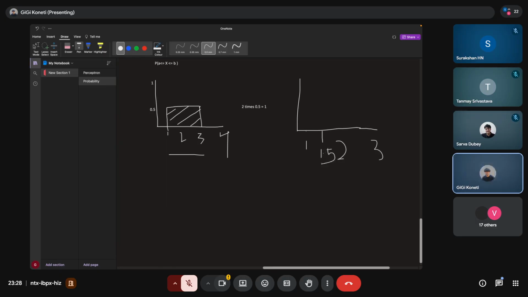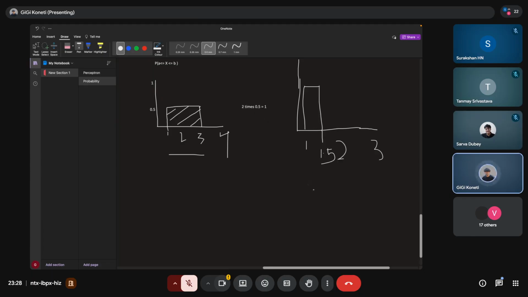I'm not able to track it. Sorry. This is 1.5. So we are working with the same area. You are just compressing this area, this domain. When we compress this, then it will be some vertical rectangle, right? Visualize that. And it will be a certain value, right?